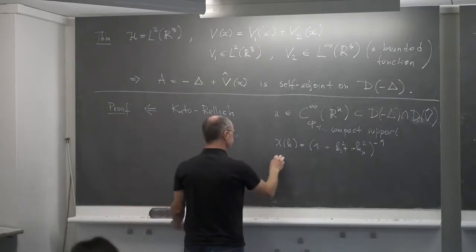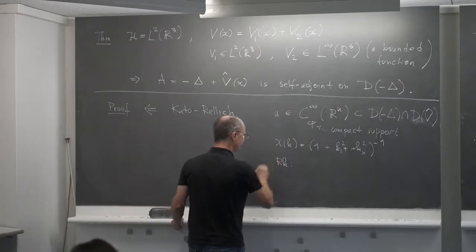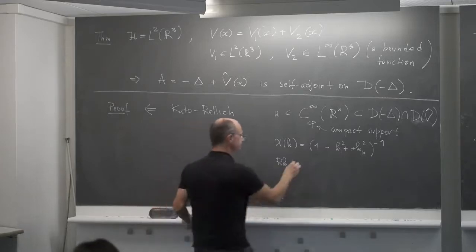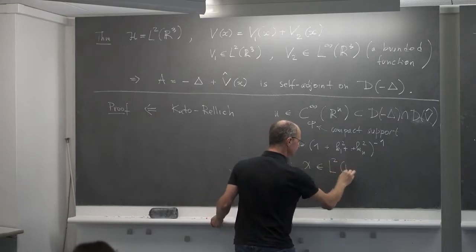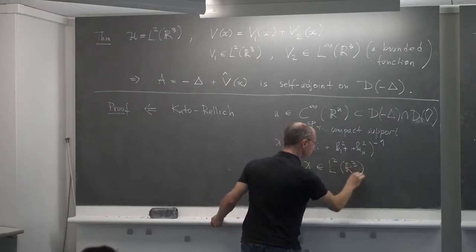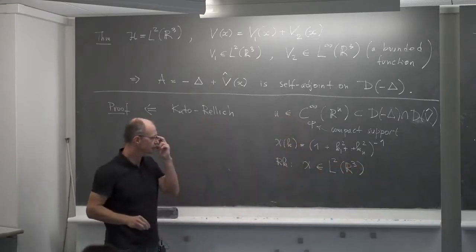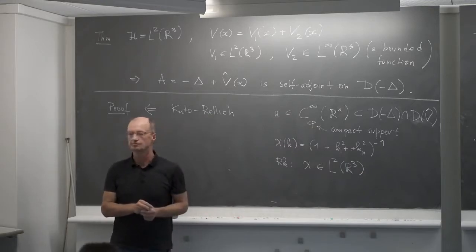A small remark: chi is square integrable.